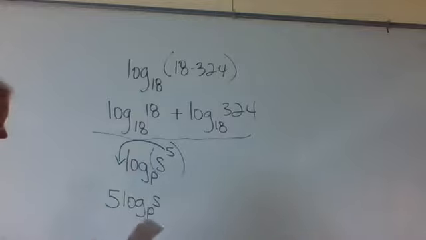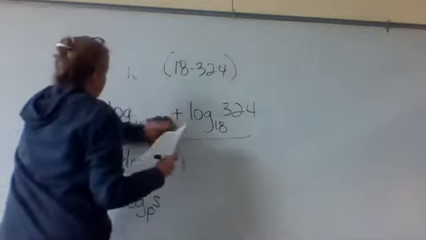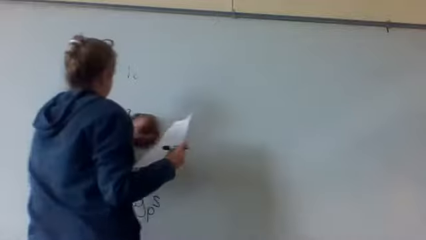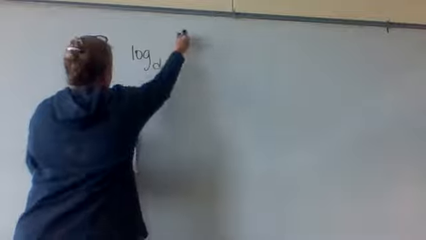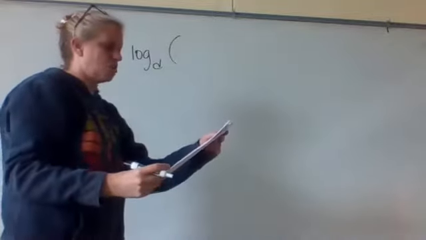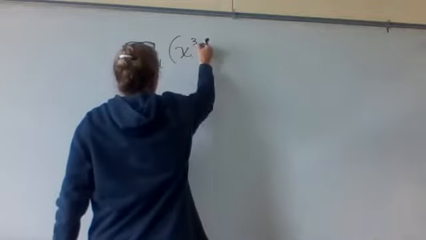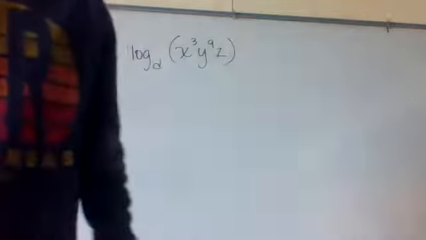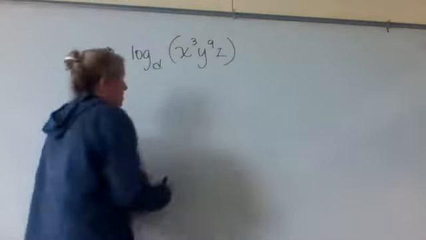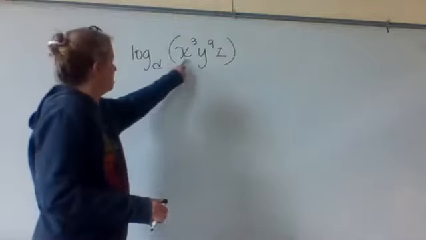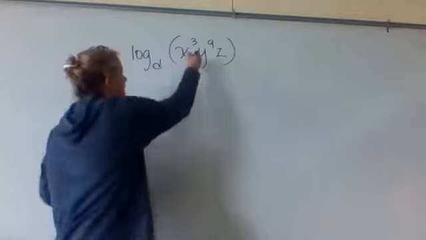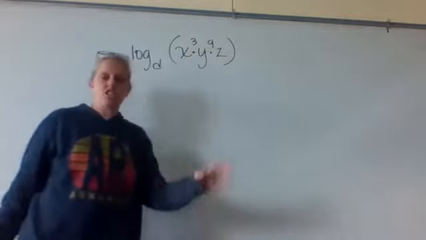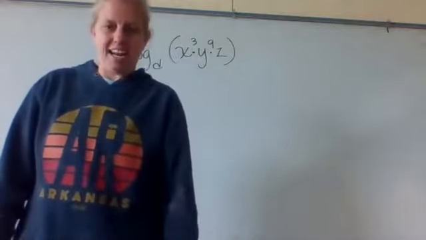Number 18. Log base D, and in parentheses, we have x to the 3rd, y to the 9th, z. So it says express as a sum or difference. So since the original part is multiply, we're going to change those into adding, right?